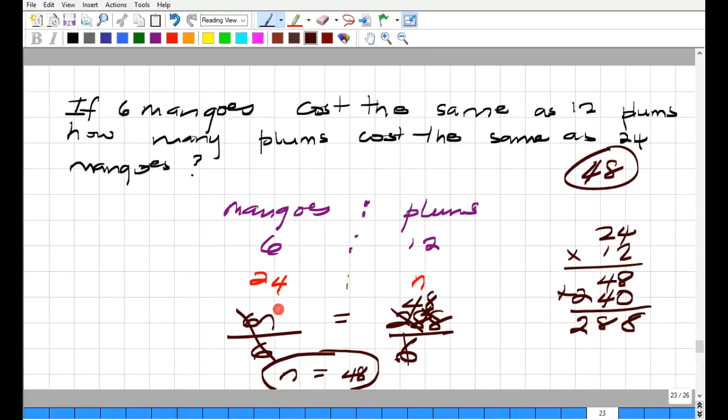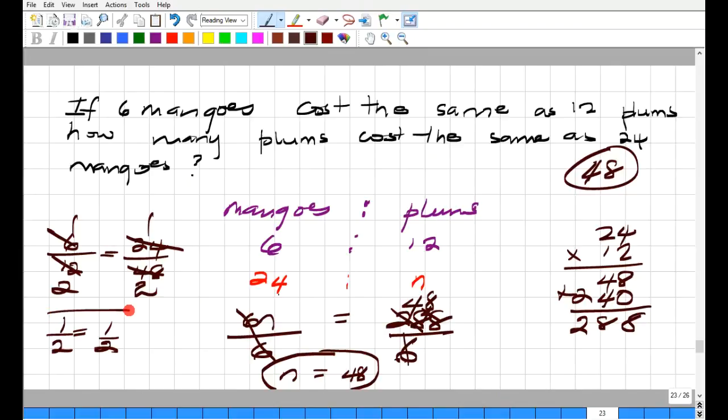If this is going to be balanced, then we should have 6 over 12 and 24 over 48, and 6 into itself one time, 6 into 12, 2, 24 into itself one time, and 24 into 48 2 times. A half is equal to a half. We again see that this is balanced. Therefore, we know that that is correct.